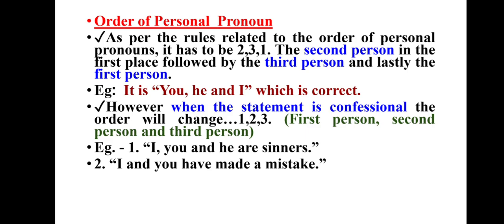Singular is he, and here we have to think of gender: he, she, or it. Plural is common: they. So if you count all the personal pronouns, there are 7. Let us count: I, we, you, he, she, it, they. These are called personal pronouns.